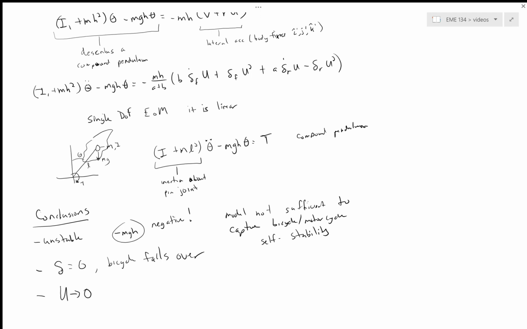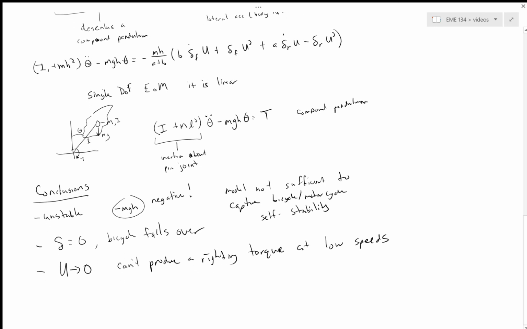So we can't produce a righting torque at low speeds, right? And as it hits 0, we also have a 0 in the right-hand terms. We can't do anything with that right-hand side.